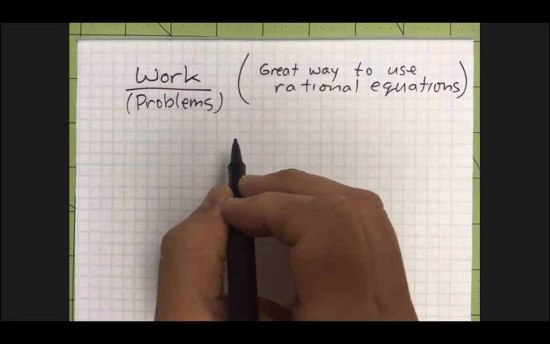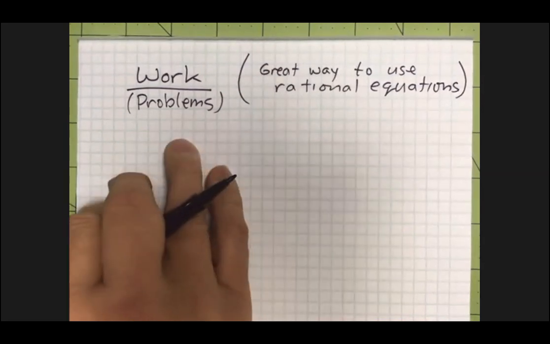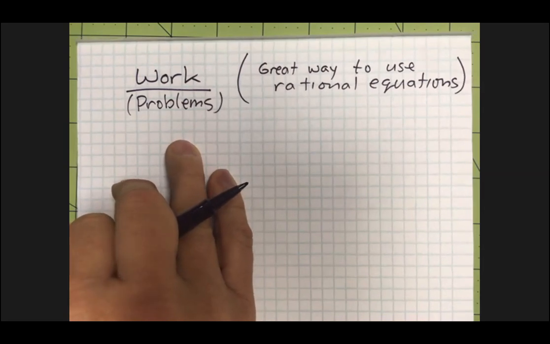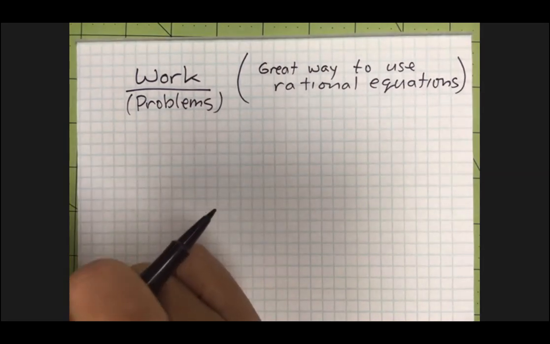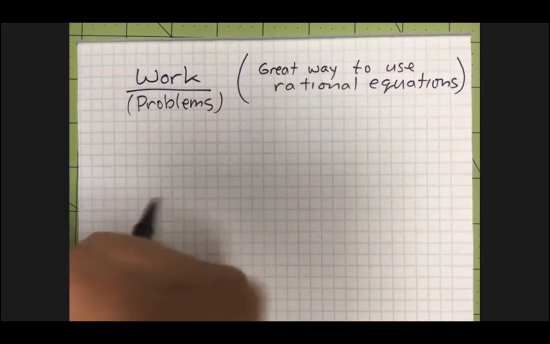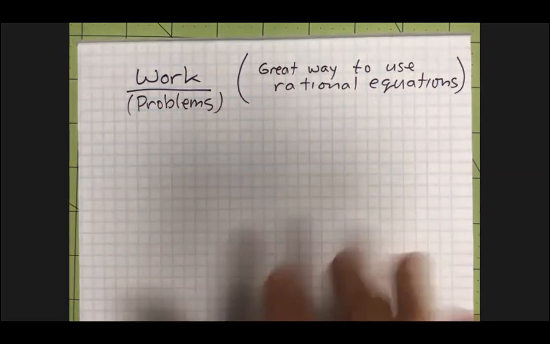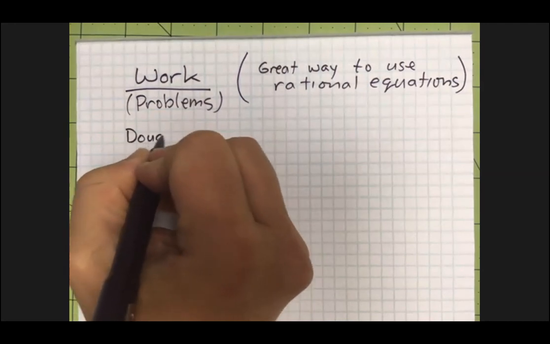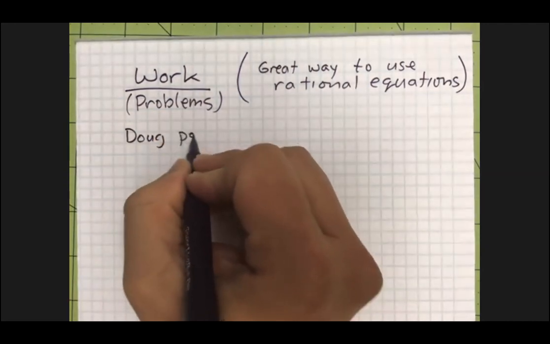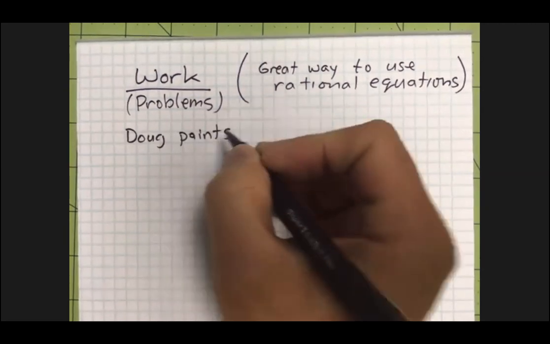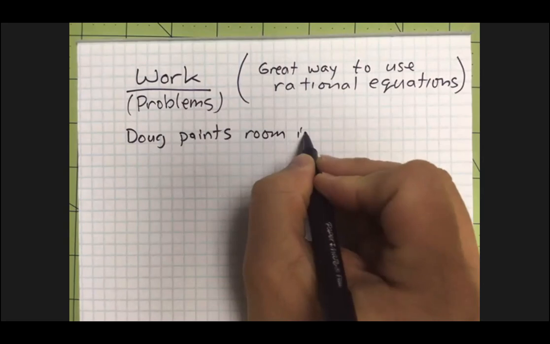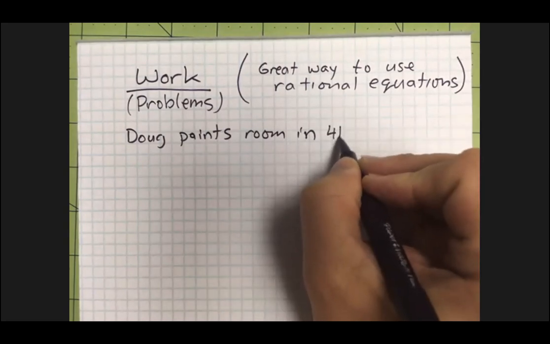Okay, so let's check this out. And I don't want to write the problem on the paper, but maybe one I will. Because writing the problem on the paper, you have it in your book, but you want to also see the problem in your screen too, right? So let me abbreviate. Doug paints room in 4 hours.